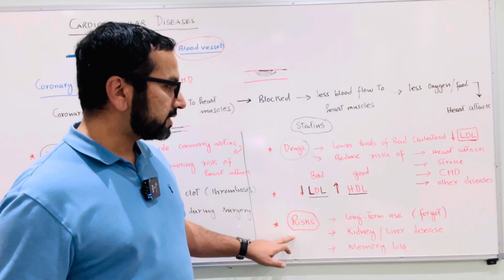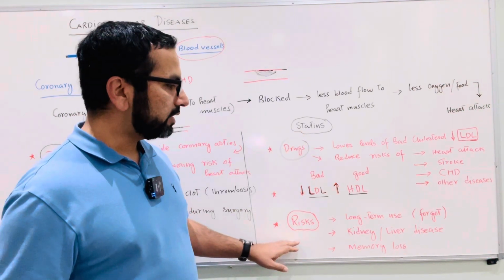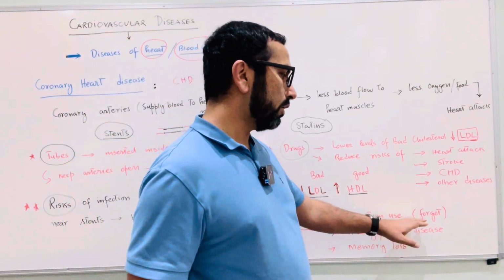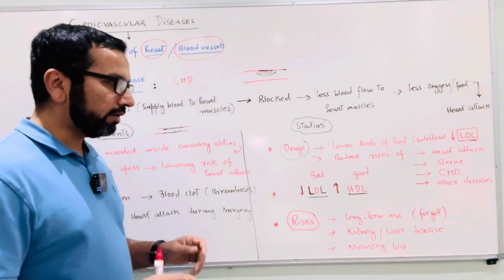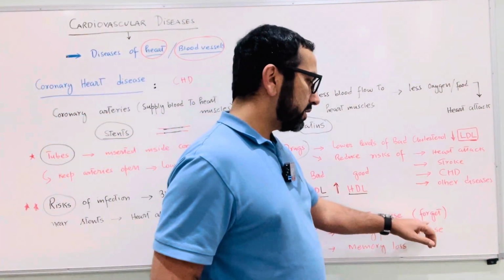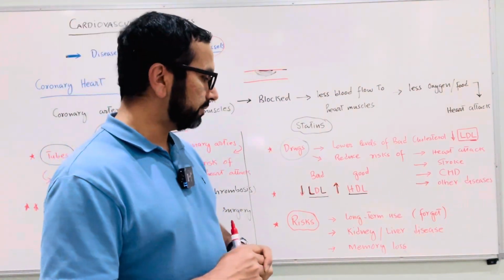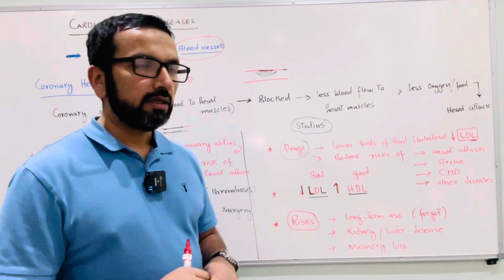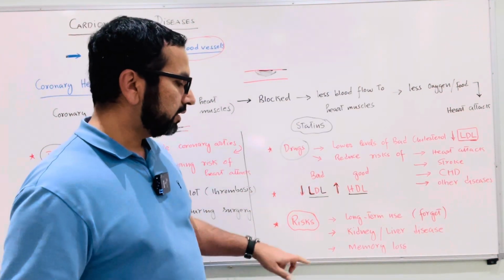So what are the risks of using statins? These medicines are used over a long period of time, sometimes lifelong, and the patients may forget to take these medicines regularly. As a result, the cholesterol level will not go down.